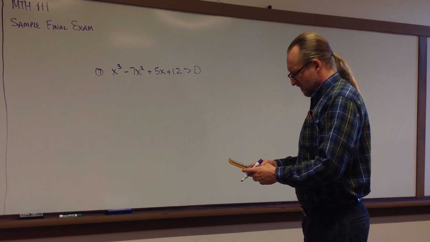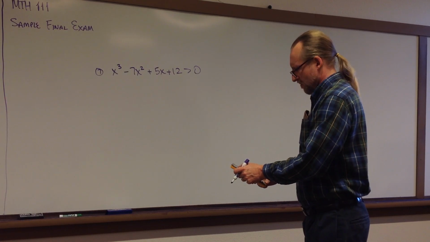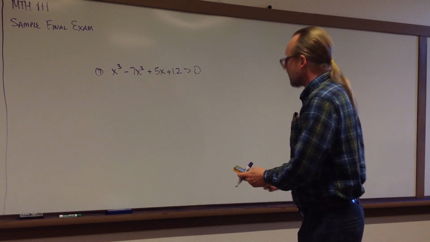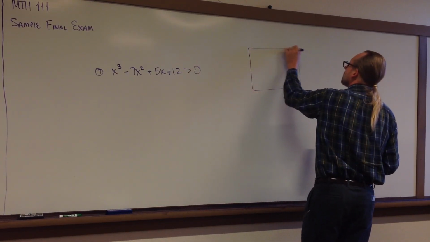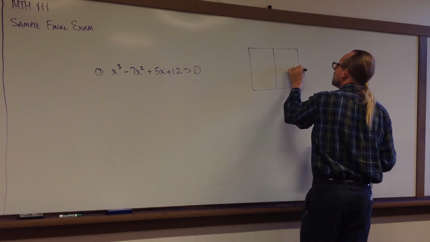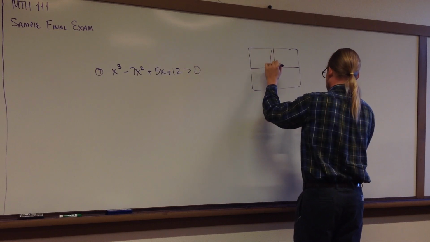X squared plus 5x plus 12. Okay. And I'll draw a little sketch, and then I'll show the calculator to the camera as well. Kind of like this.